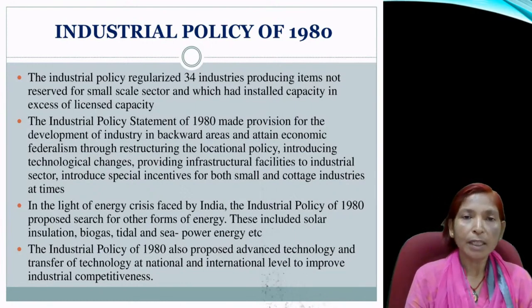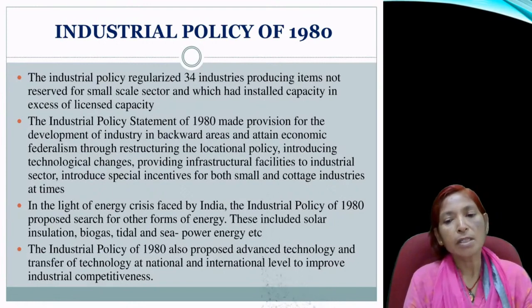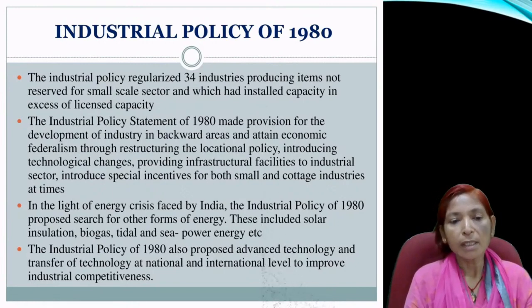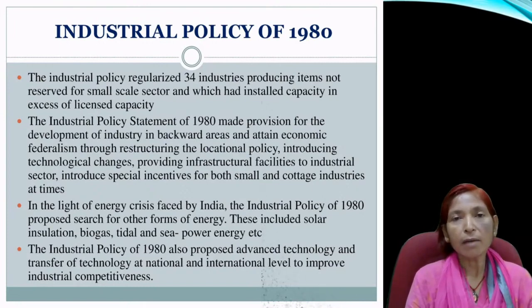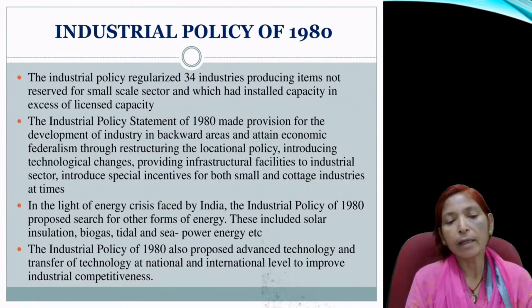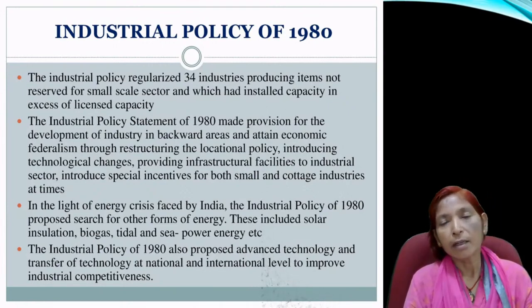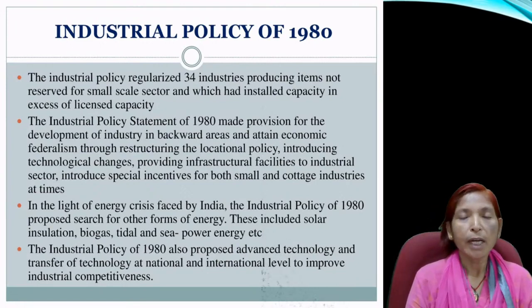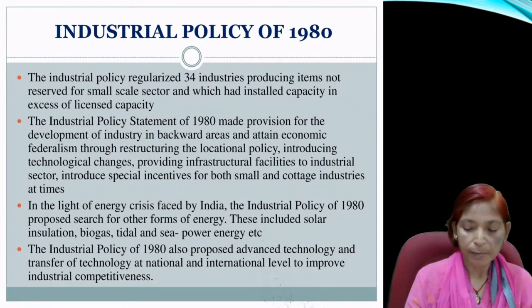And in case of the energy crisis, the government in this industrial policy proposed a search for new and other forms of energy like solar insolation, biogas, tidal and sea power energy. And this 1980s industrial policy proposed advanced technologies and transfer of technologies at both the national and international level, to improve industrial competitiveness.